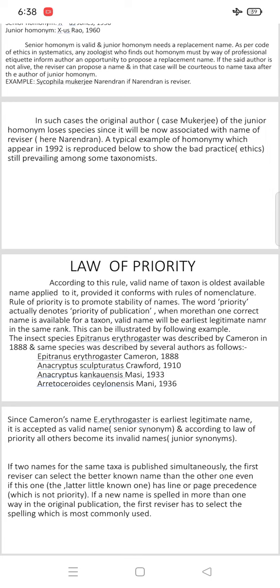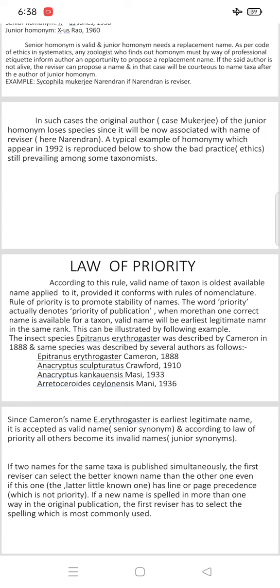The second topic is the law of priority. According to the rule, the valid name of a taxon is the oldest available name applied to it, provided it conforms with the rules of nomenclature.